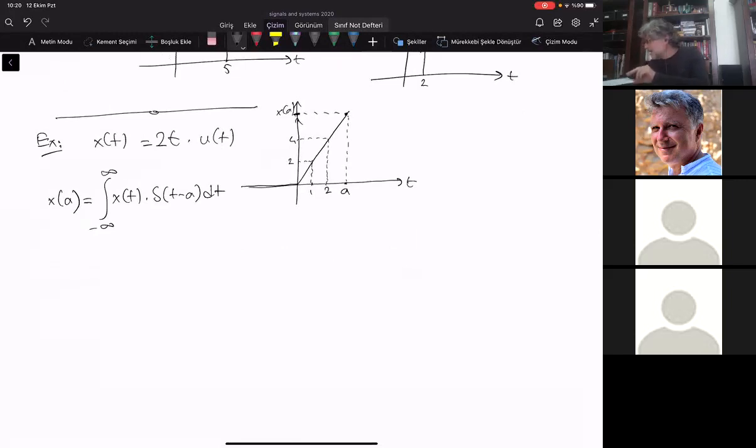For the time being, we also have to understand what happens when you scale the time in an impulse, and that is a problem. What I mean is this. What is delta of 2t, for example? Normally, x of 2t is the twice squeezed version of x of t, right?